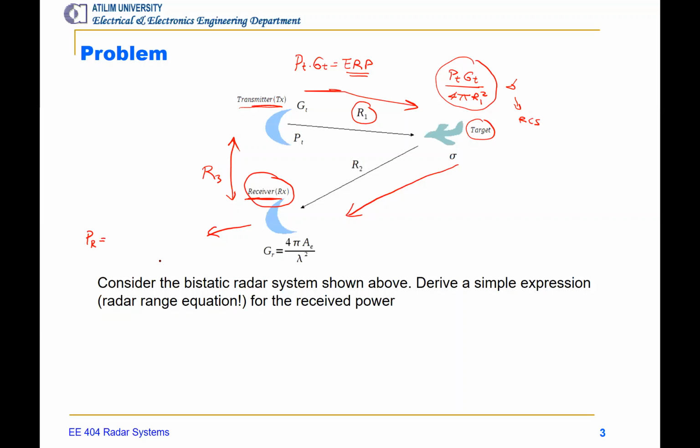Received power will be dependent on both R1 and R2. And the antennas here are different, so we have to use two antenna gain parameters or two antenna effective areas, whichever you want to use.